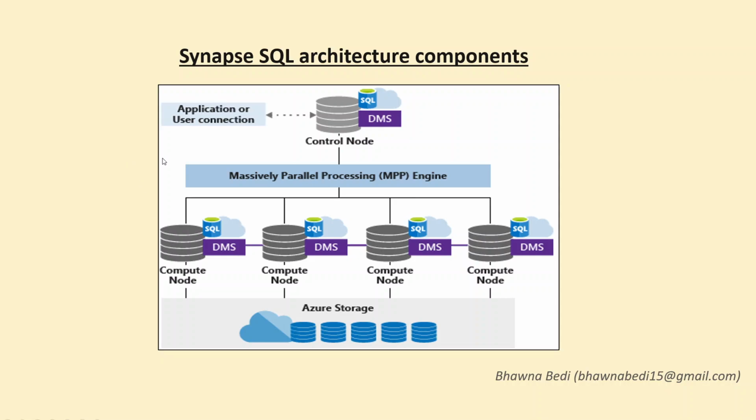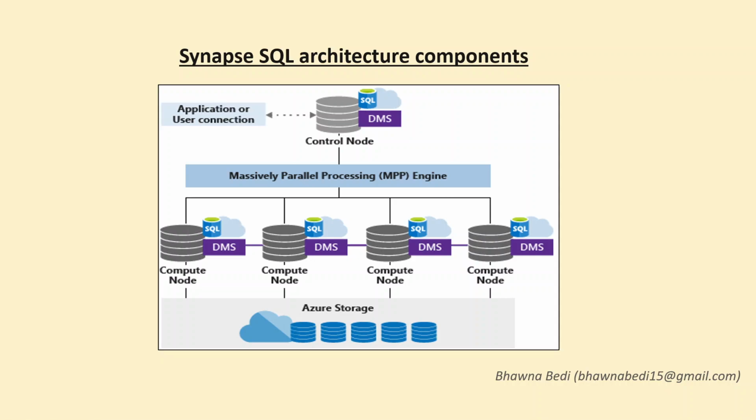Whenever you connect your application or write T-SQL, as we have done in my previous videos with the Synapse SQL pool to fetch the data, it goes to the control node, and the control node hosts this parallel processing engine. It optimizes your query.